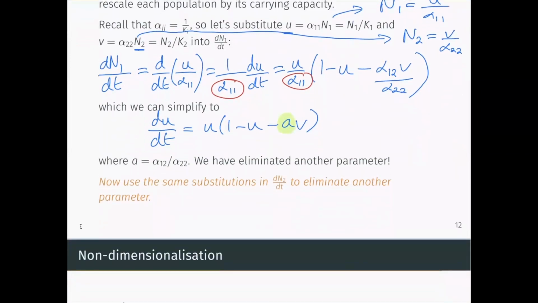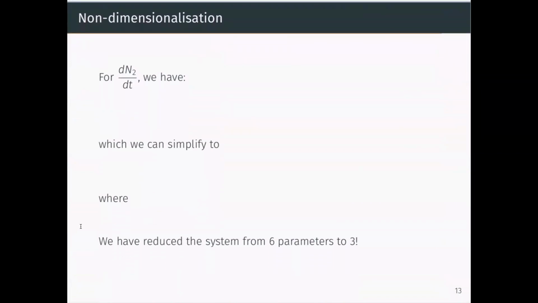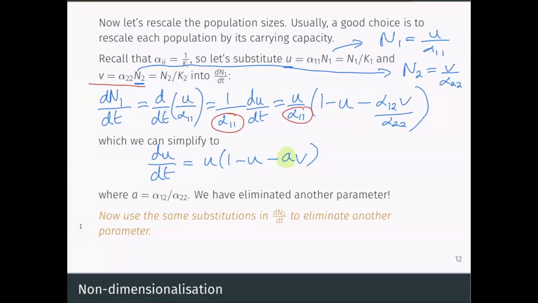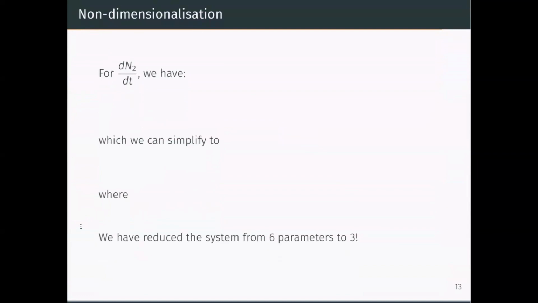Okay, so we can do exactly the same thing for species 2. Remember here, we have a relationship between v and n2, so we're going to want to write dn2 dt in terms of v's. So just like above, we can write dn2 dt is equal to d by dt of v over alpha 2,2. That alpha 2,2 is just a constant, so it comes out the front.